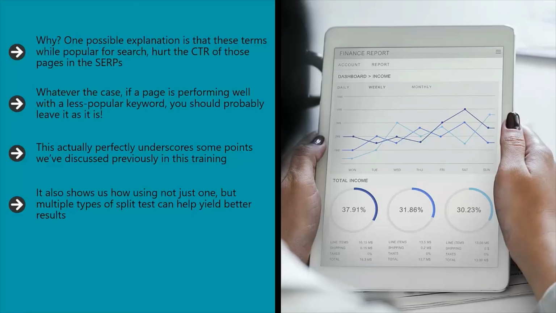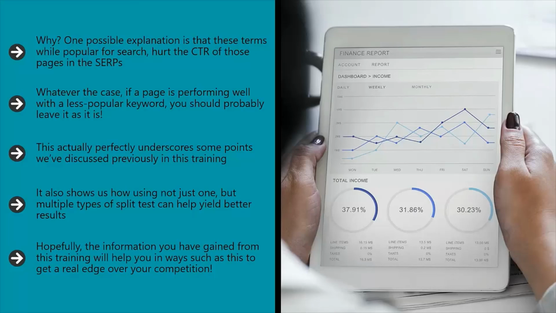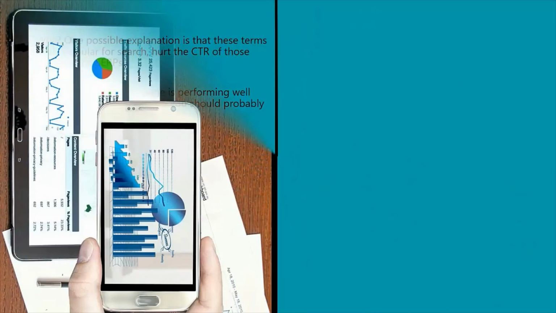The research conducted here was done using a typical matched pages method, but if they had also used a redirect, they might have been able to see if the bounce rates and CTRs were what was responsible, or if something else was at play. Hopefully, the information you have gained from this training will help you in ways such as this to get a real edge over your competition.